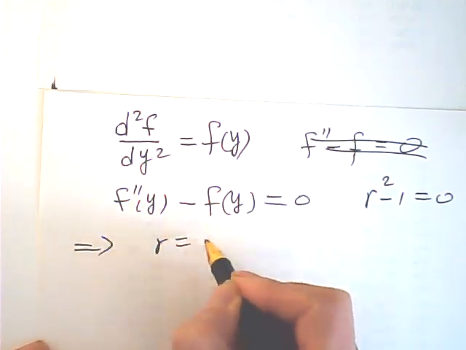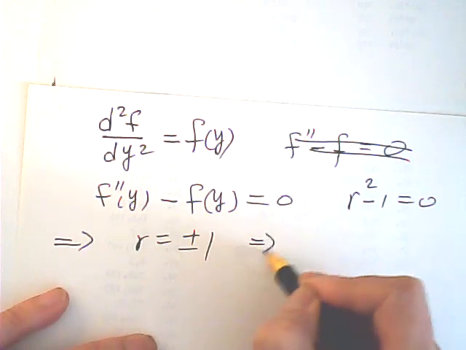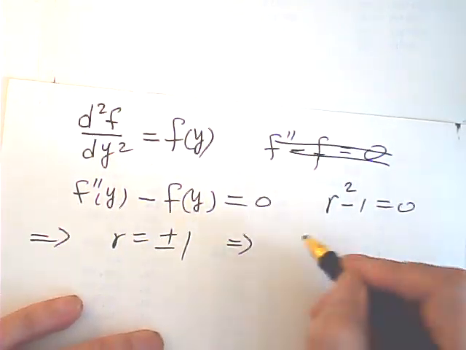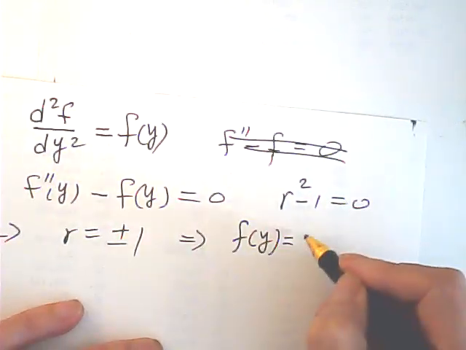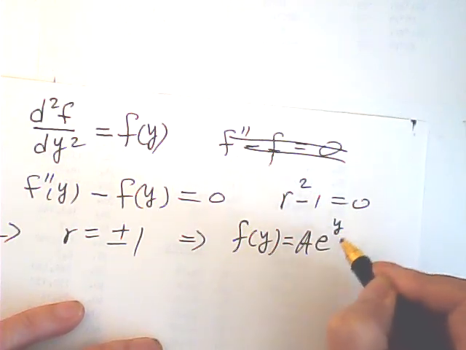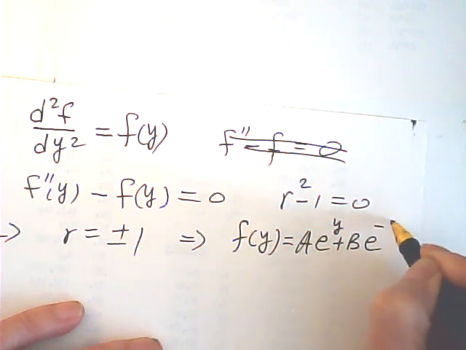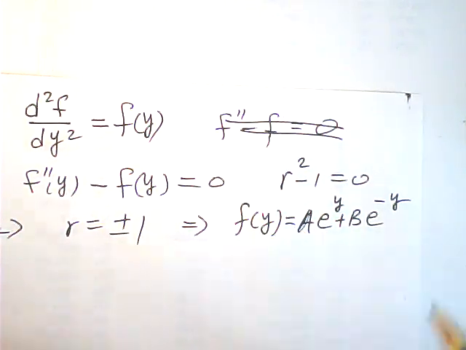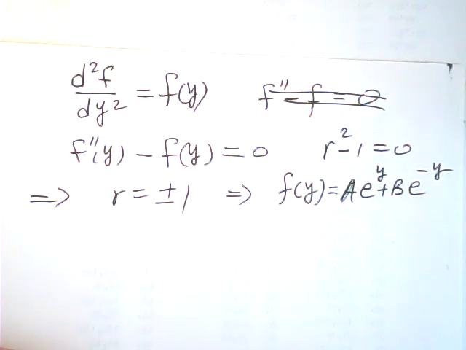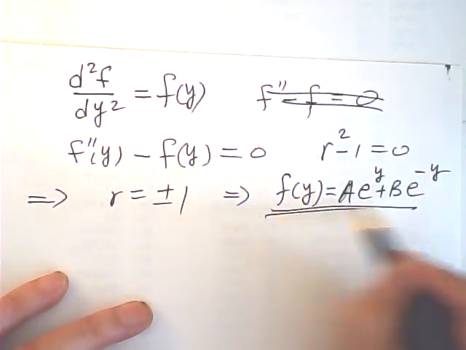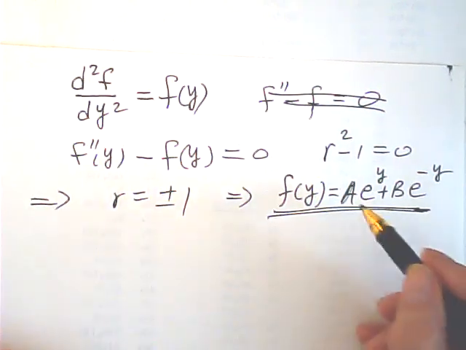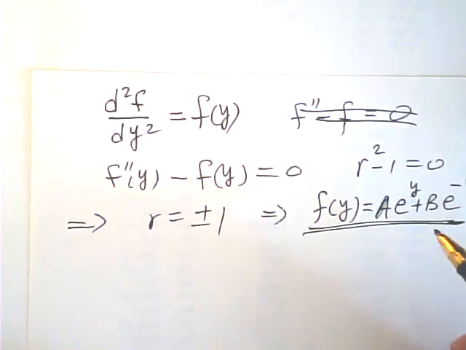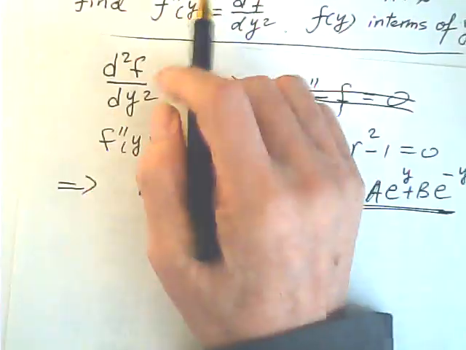Therefore, r equals plus or minus 1. This means that f of y is equal to a e to the y plus b e to the negative y. That is the answer for f of y, but we have to determine a and b. Now, how to determine a and b? From this.